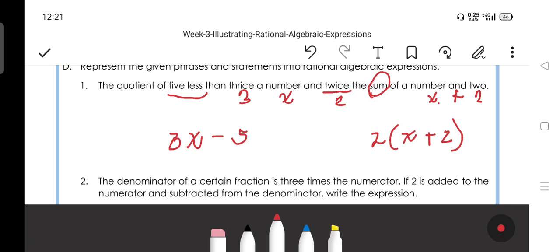It is read as 5 less than thrice a number x.